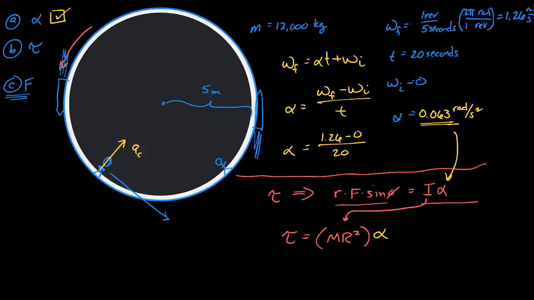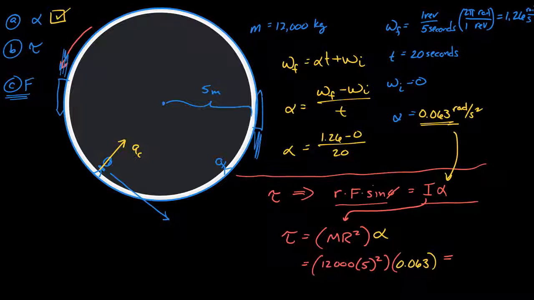All right, so although the acceleration is really small, that's because this object is really big. 12,000 kilograms with a radius of 5, which will be squared, all times my itty-bitty acceleration, 0.063, and this will produce the required torque. That's going to be a big number-ish.